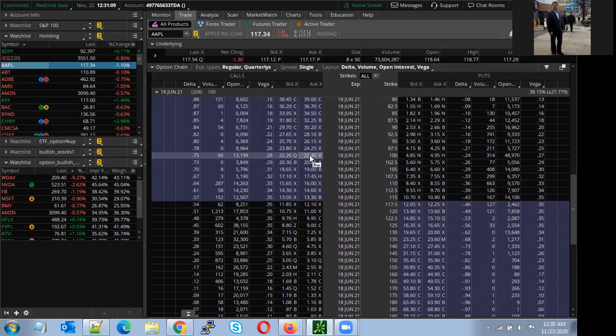Logically, yes. If you see, the stock price is 117. If you buy the stock at 117, you have to pay that, but I'm paying $22. What I'm doing is buying at $100 and paying $22.